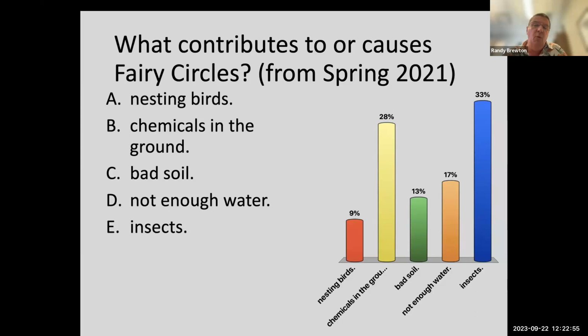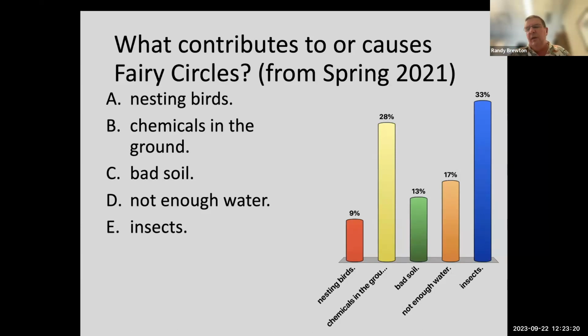When it rains, the water goes everywhere. So why would it pool? What would keep it in one area versus another? We'll kind of come back to that in a second. One of the primary hypotheses that people were putting out at one point is that there might be nests of termites in the center of those fairy circles.